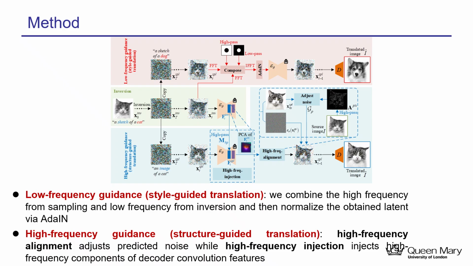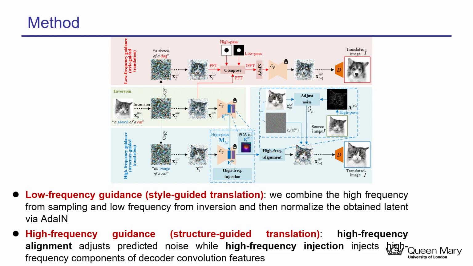We combine the filtered noise latents together and then perform normalization to correct color shifting, because we experimentally find that the composed latent has different statistics from the original denoised latent, and this would cause color shifting in the results. So we feed the normalized latent into the denoising model to perform denoising.